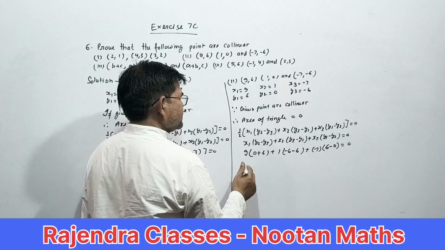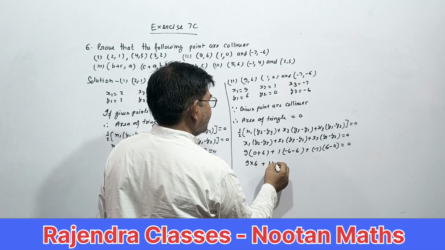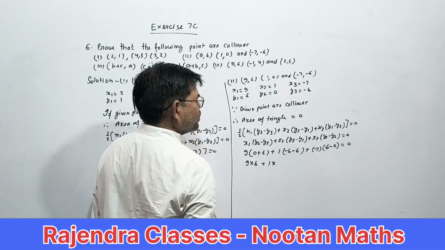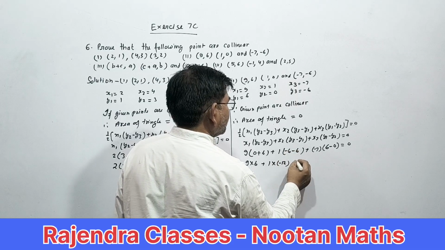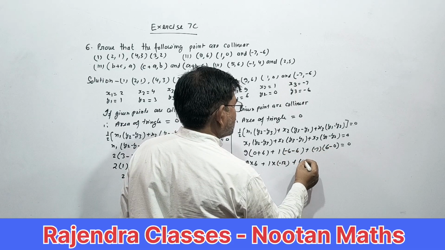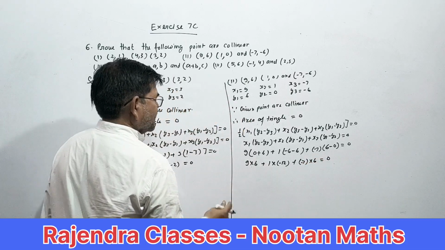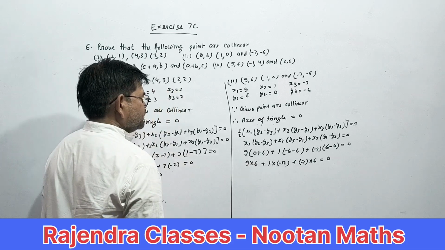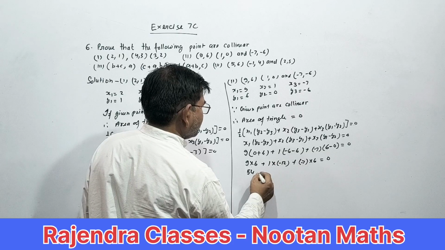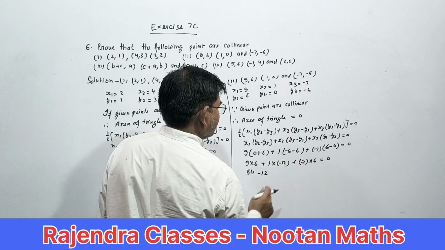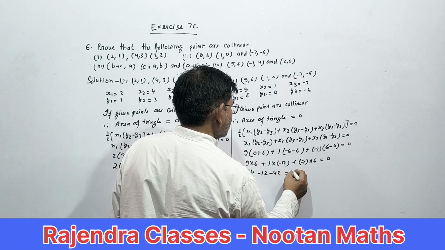Adding 0 and 6, find 6, plus 1 into minus 12, plus minus 7 into 6 equal to 0. 9 times 6 are 54, plus minus 12, and plus minus 7 times 6 are 42 equal to 0.